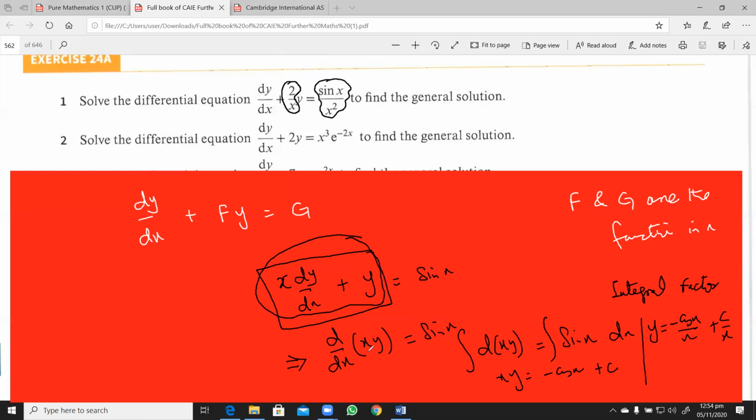Wouldn't you get x dy by dx plus y? Do you remember the differentiation of implicit functions? When I apply the product rule, the derivative of x is 1 and we are left with y. So this is that y. And then x remains as it is, and the derivative of y is going to be dy by dx.